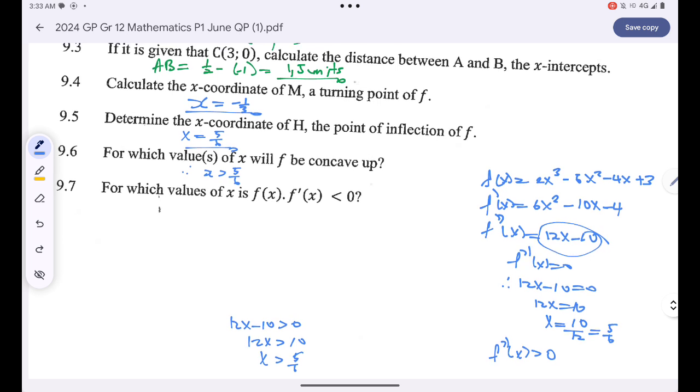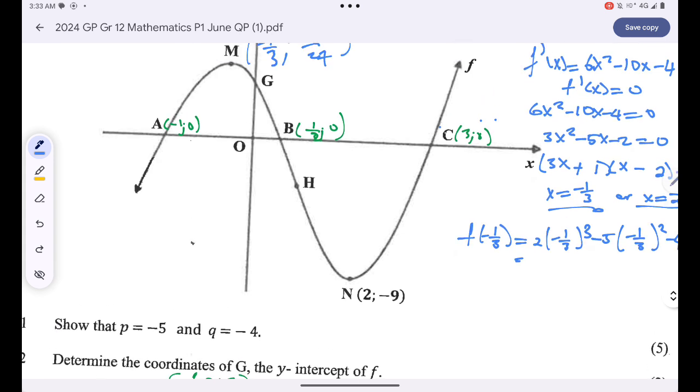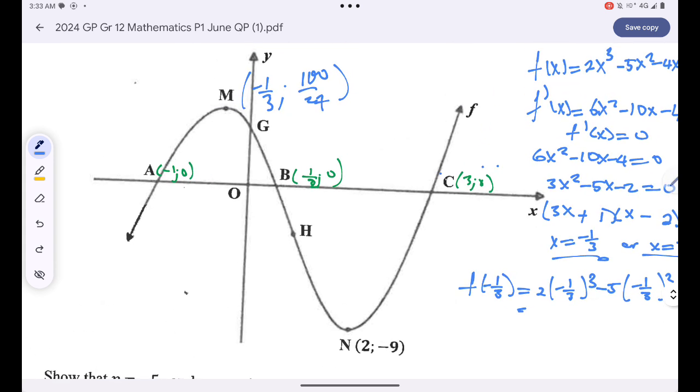And then for which values of x is the product of f and the derivative of f less than 0? Let's go to our graph. Our graph is positive if and only if it's above the x-axis, and our graph will be negative if and only if it is below the x-axis.